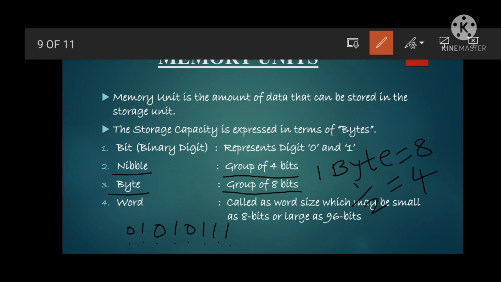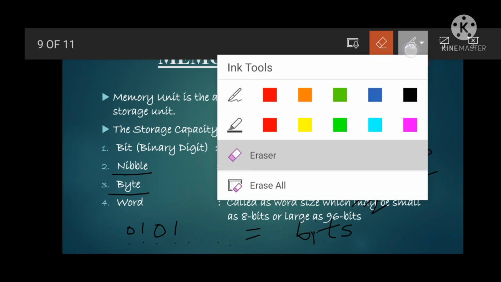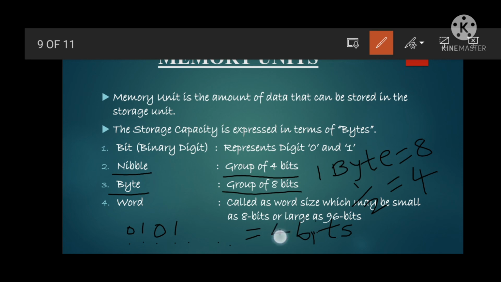Each digit is a bit, so we have 8 bits here. Now what if I have just 0101? It's 4 bits, so this is a nibble. I hope you got it.